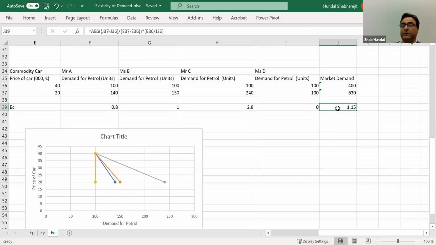Because their reaction, overall market demand, you can see here is 1.15, which means more than proportionate. So if cars become cheaper by 1%, then the oil company's revenue will go up by 1.15%.